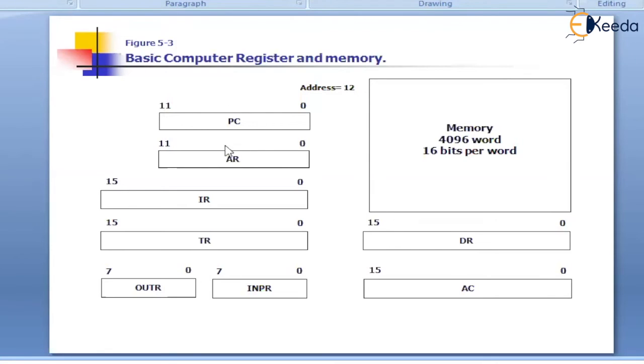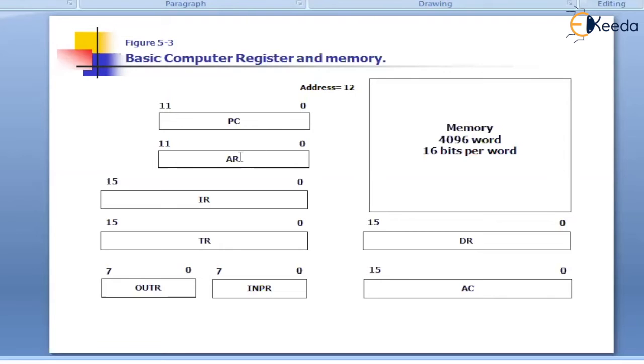Some registers will hold the address part of the memory. What are those registers? Program counter is going to hold addresses. What kind of address? We'll see later, but you need to understand that the program counter is going to hold the address part. So if it is going to hold the address part, the size of the program counter should be equal to 12 digits.